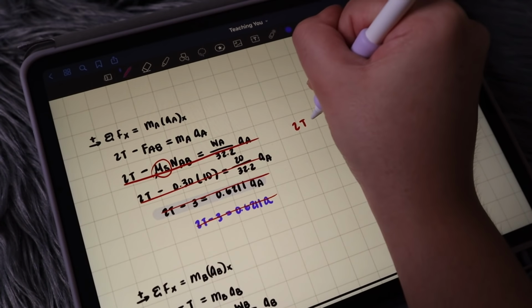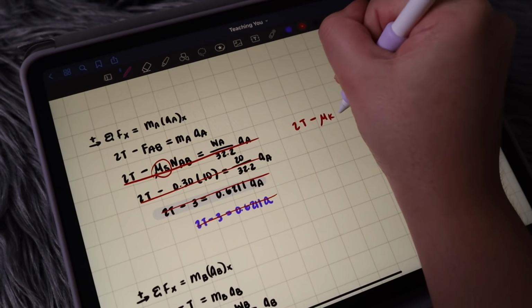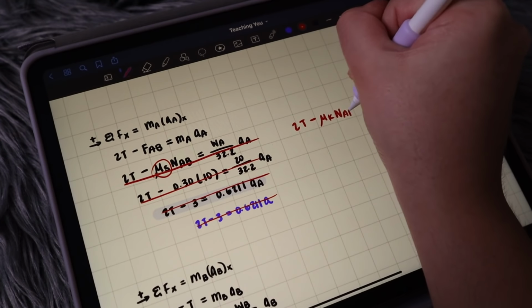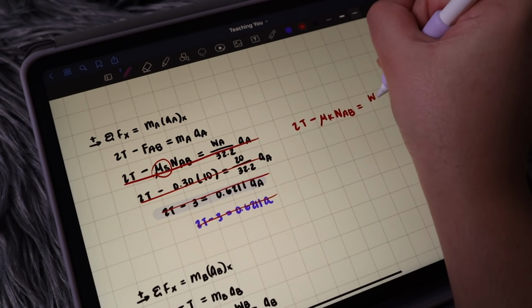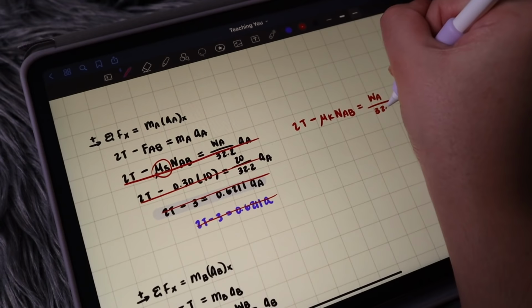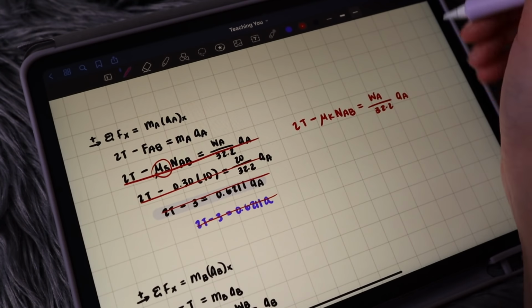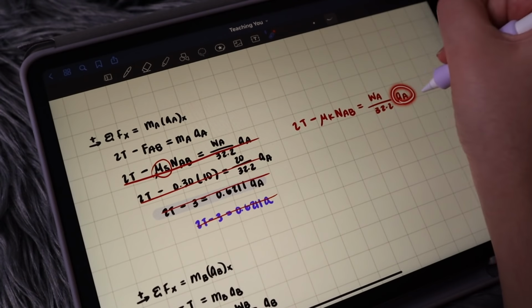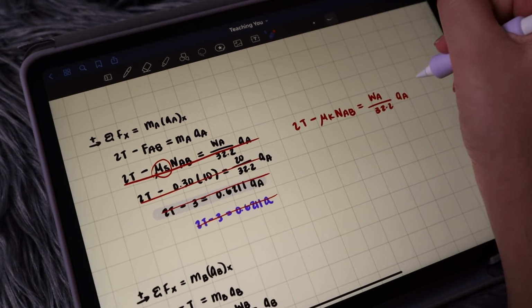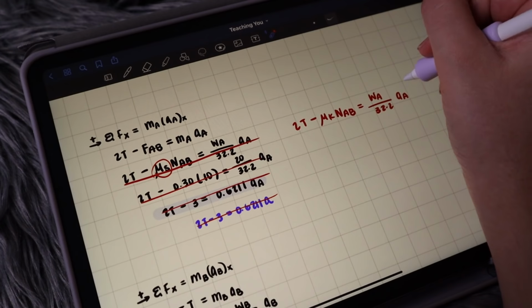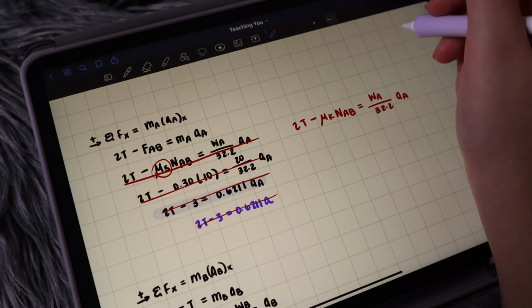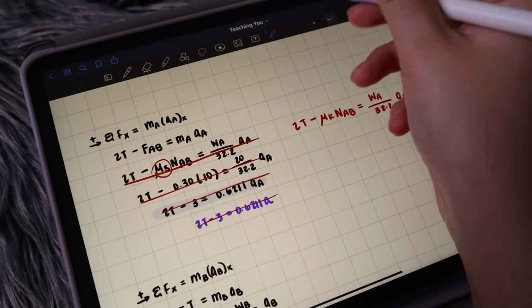So 2t minus mu k, and then the normal is still the same. So we also have this the same as well. Now remember, we're going to keep the subscripts for each acceleration because now we know that they're not all going to be the same. They're all going to be different actually.